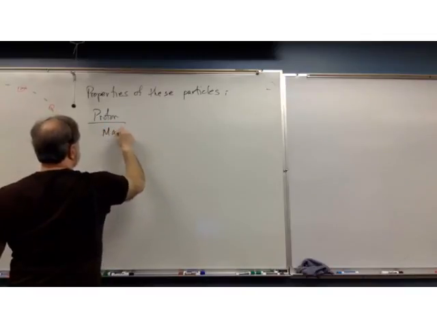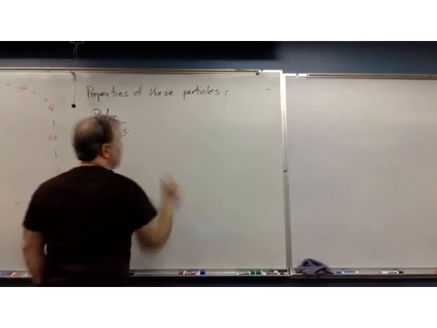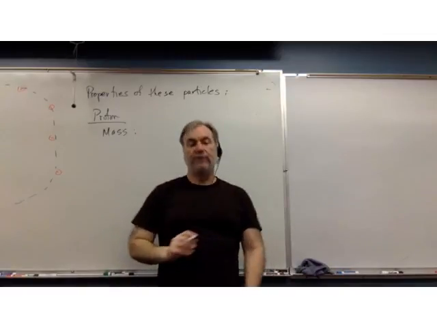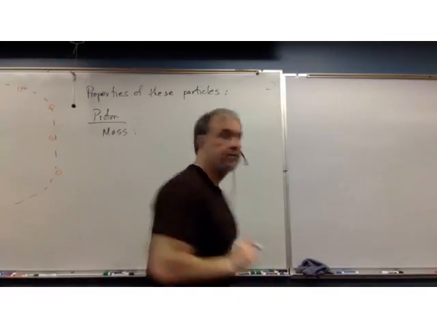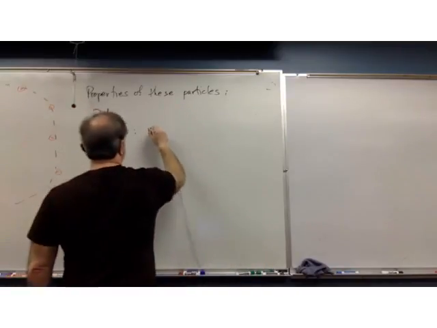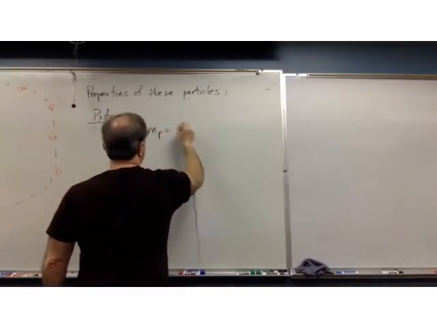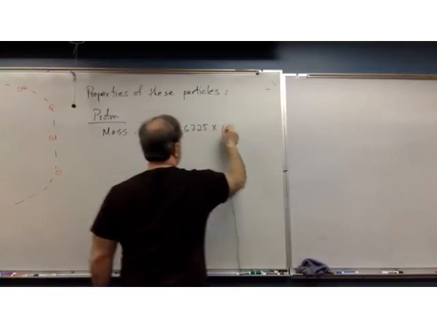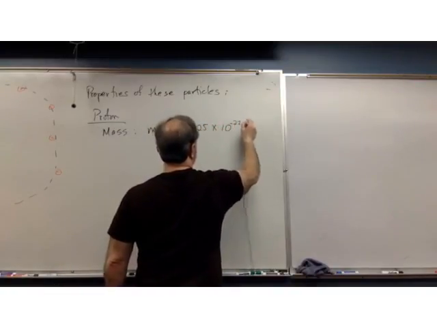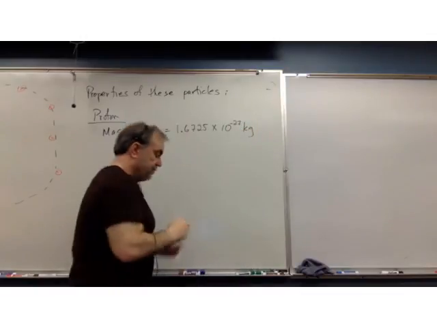Its mass. Protons are what we physicists call very, very small. That was a joke. The mass of the proton is 1.6725 times 10 to the minus 27 kilograms.